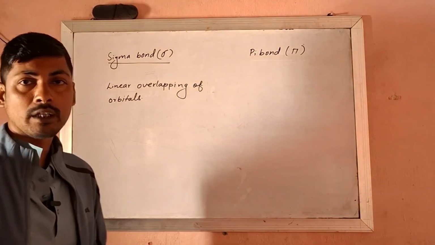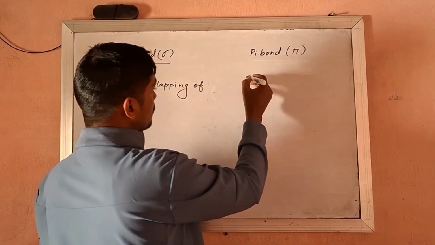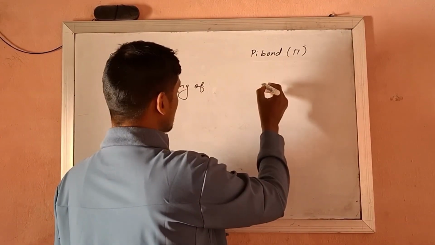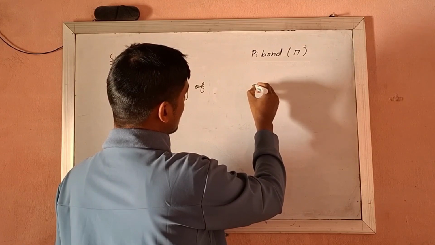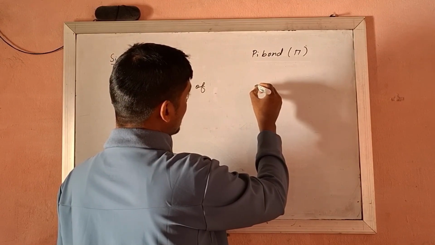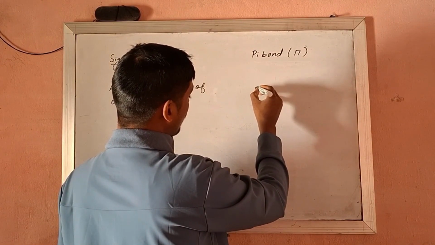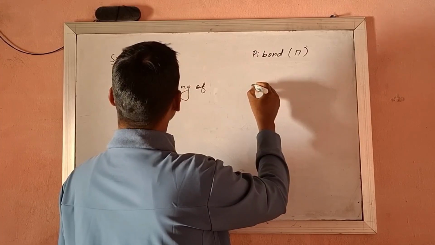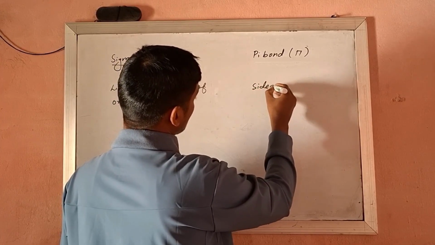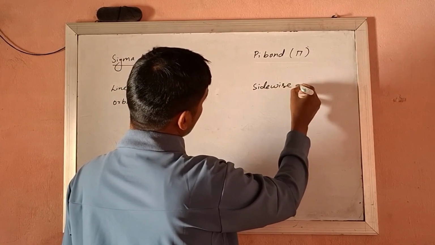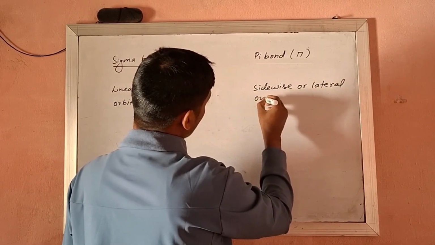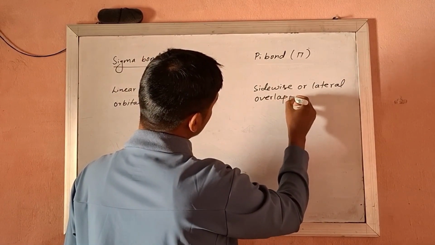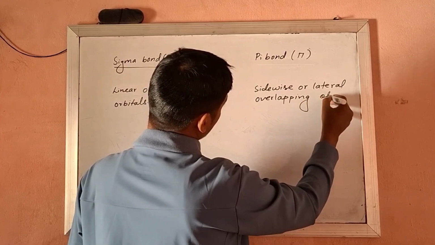Whereas in a pi bond, the bonding between two atoms takes place due to the lateral or sidewise overlapping of orbitals.